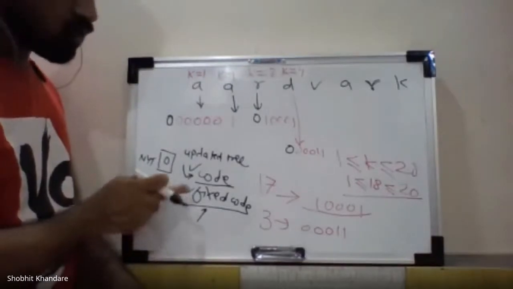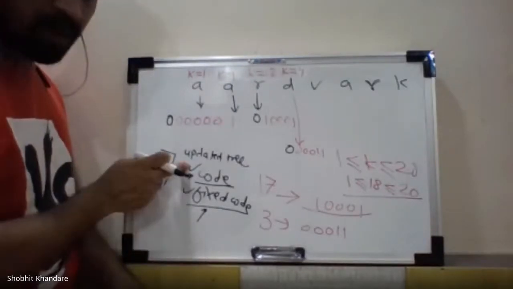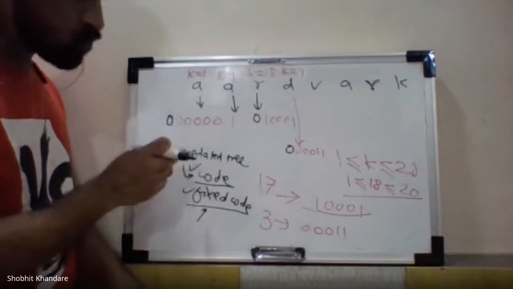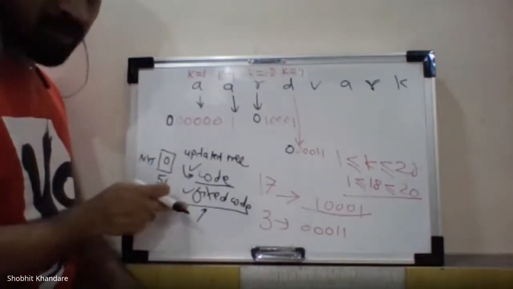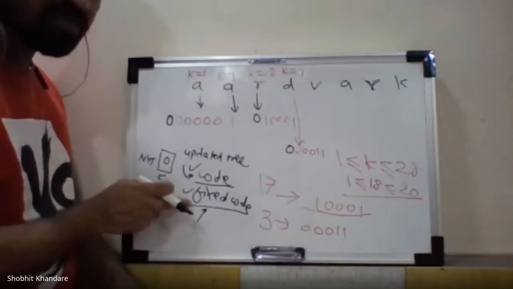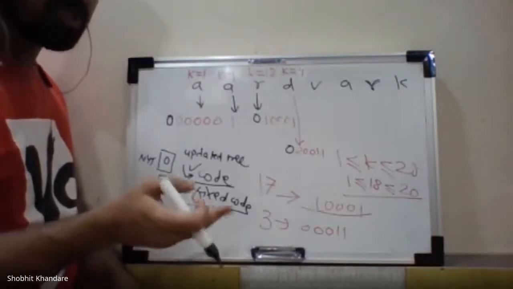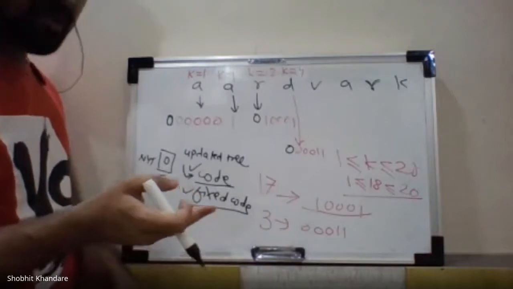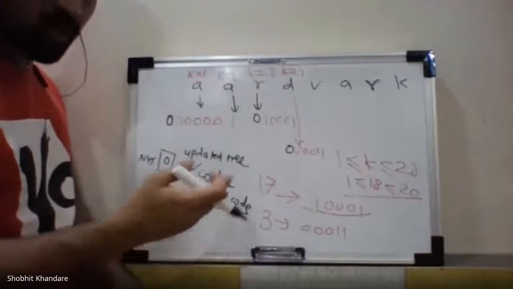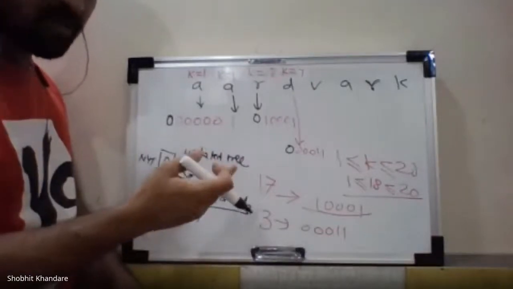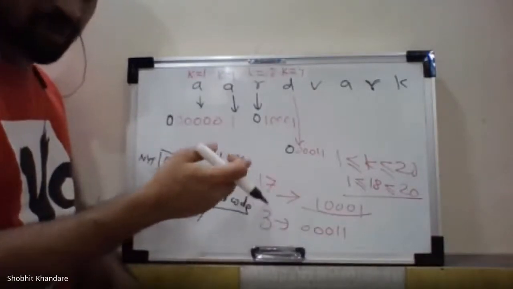So always remember, when I talk about the code, you refer to the updated tree, and when you talk about the fixed code, you know the procedure to get it. It is the same procedure with E and R, where we see whether your K is in between or greater than 2R. If it is in between, you write down the representation in the form of K minus 1.